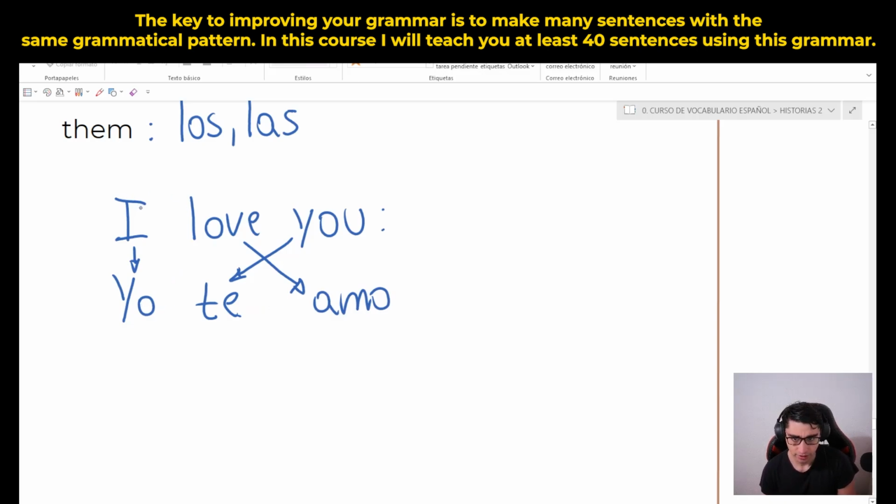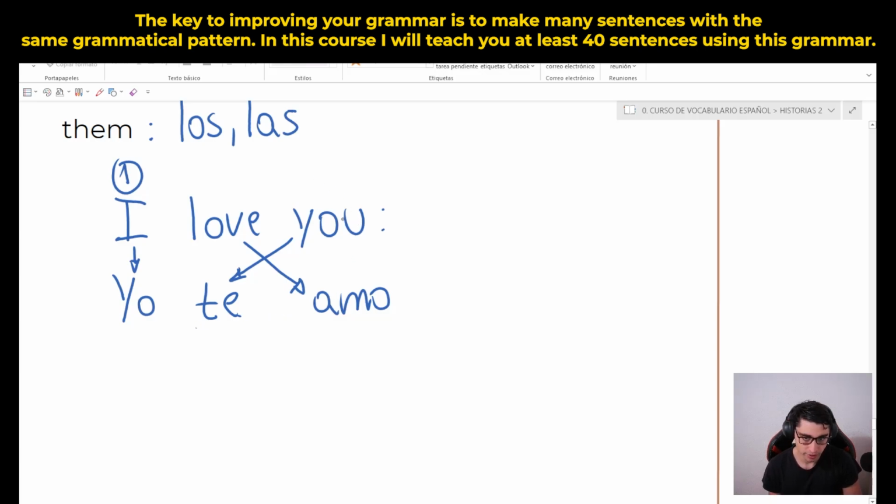Basically, think this way: the pronoun who is performing the action, the first one, is just the normal pronoun you already know, like yo, tú, él, ella. But when the pronoun is receiving the action, in this case of amar, the verb, it's going to be te, okay?